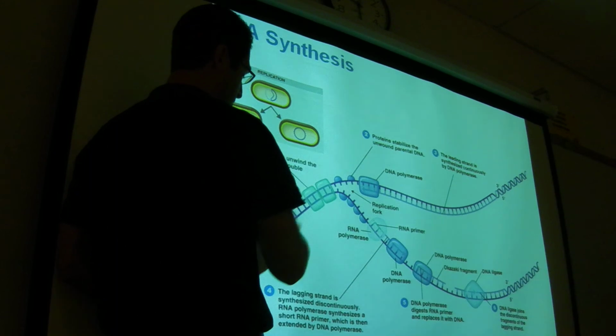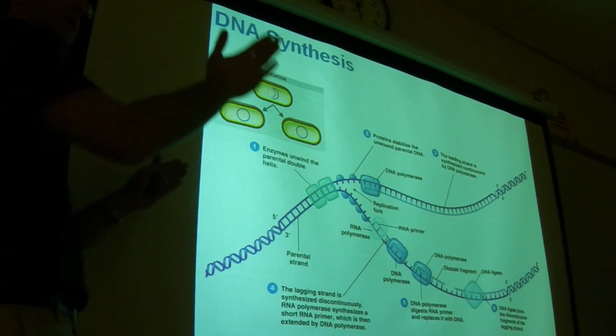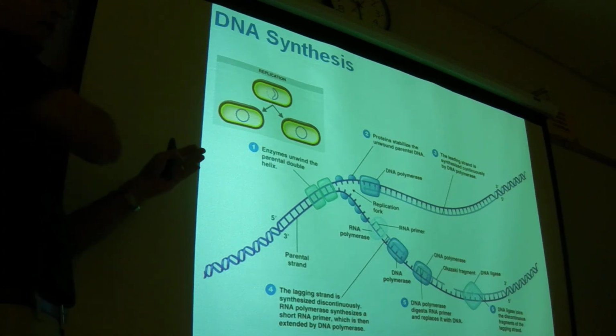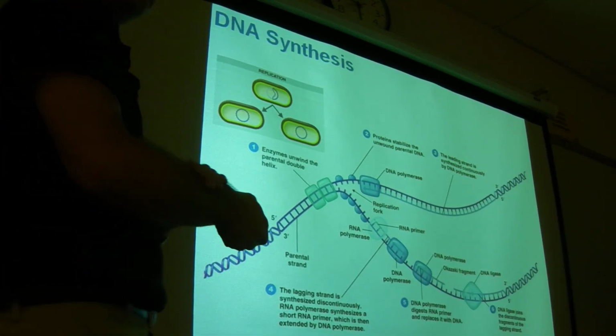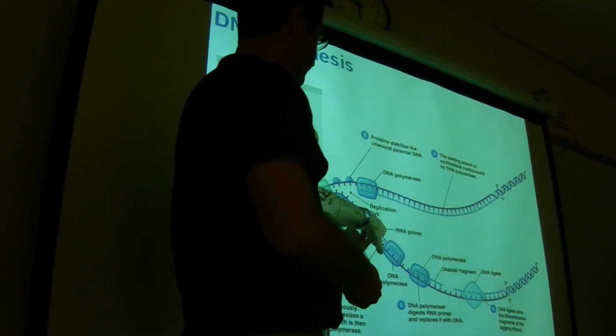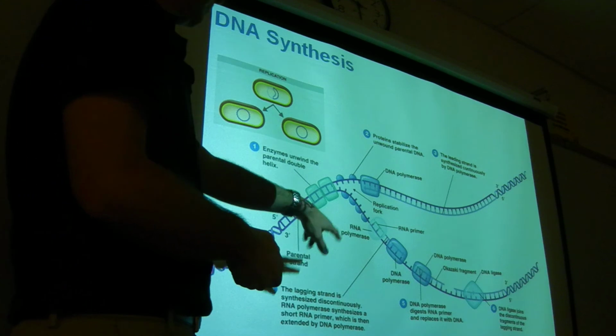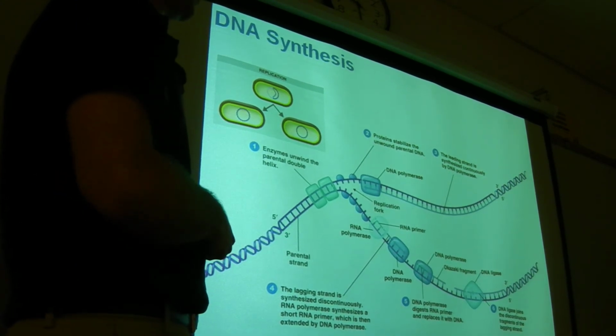And then as it opens up more, it binds here and starts to fill in the gap. So it basically fills in these little fragments and then goes back and fills in another fragment and goes back and fills in another fragment. And so that's what's called lagging strand synthesis. Okay? And that requires a few things. It requires an RNA primer, and it requires these Okazaki fragments. And I'll talk about that later.